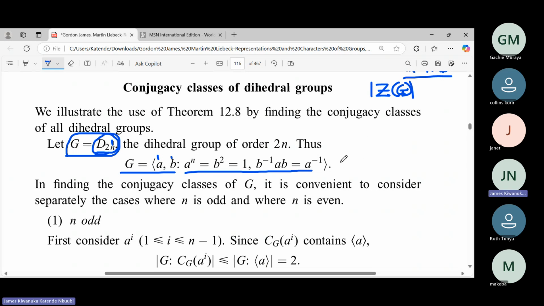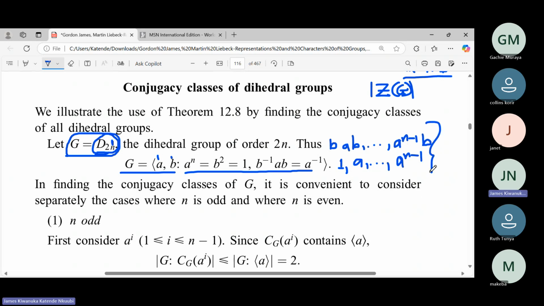So you can actually list all the elements as the identity, then the element a, and keep going until you get to a raised to n minus 1. Once you have all the powers of a, you can construct the remaining elements, which will be b, ab, and this will keep going until you get to a raised to n minus 1 times b.